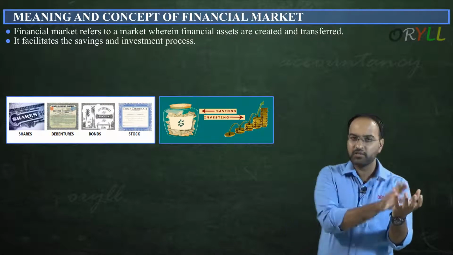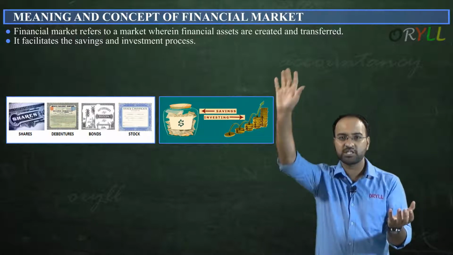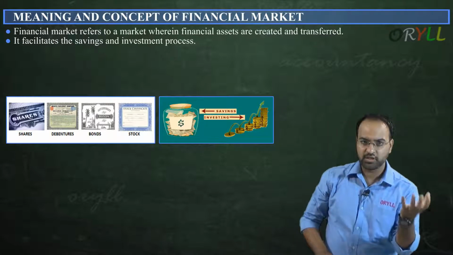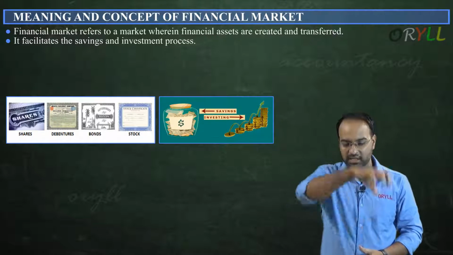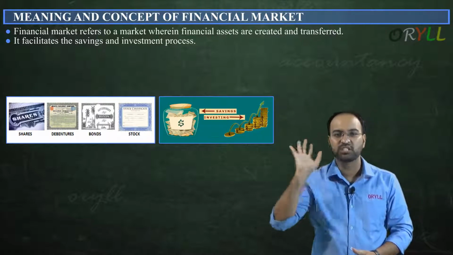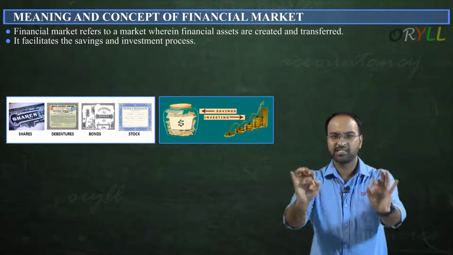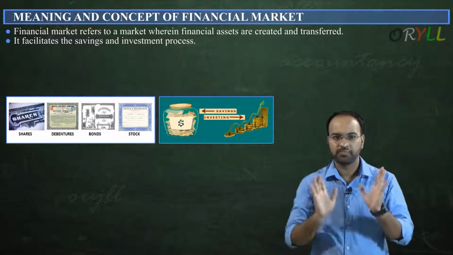With that money, they will come to this market and say, hey seller, I want to purchase shares, debentures, stock. So these people who are saving will come to the market with their savings and invest this money into the financial market. Got it? Hence financial market facilitates the saving and investment process in the country.